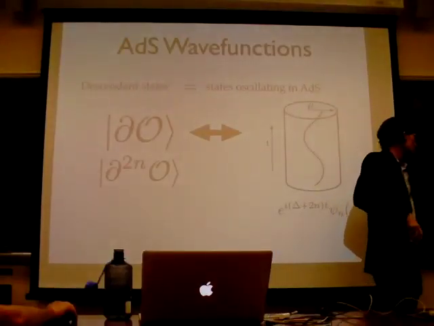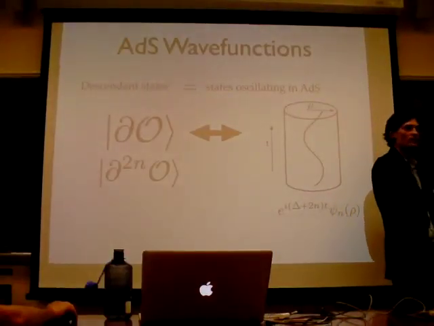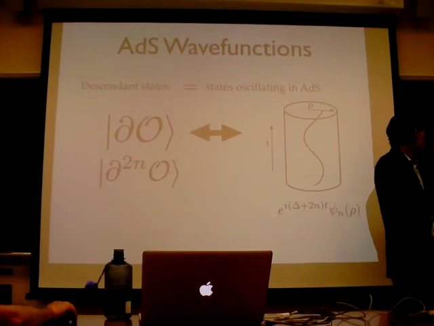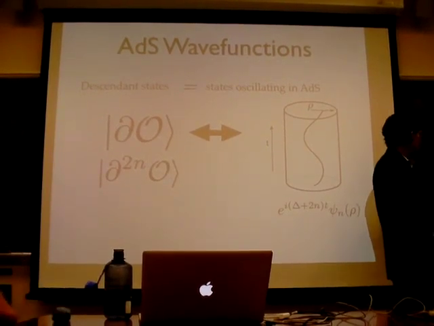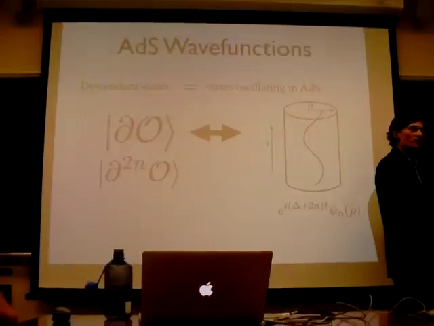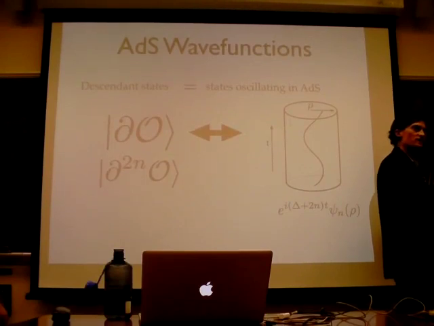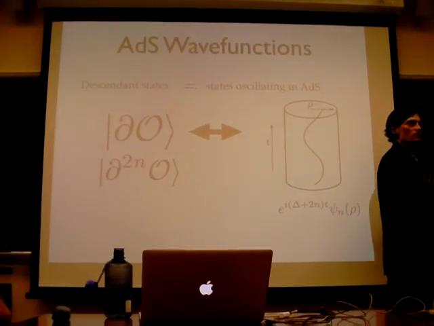Here, for simplicity, I'm talking about a scalar primary operator. This is a function of coordinates in AdS. You know the action on this operator of the generators of the conformal algebra. That's a differential equation that has to be satisfied by this function in AdS. It allows you to solve for what this is.